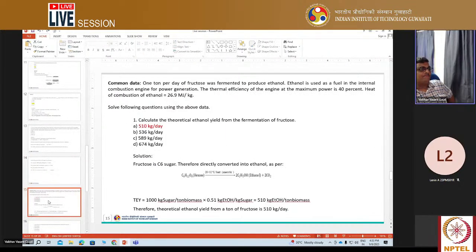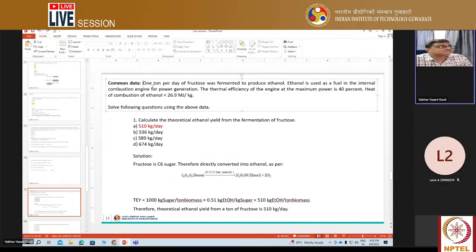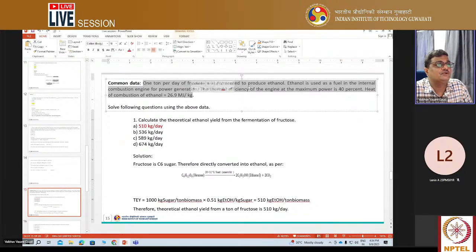Similarly, there was an example which was also on the common data, where the common data was also given in the assignment to calculate basically the theoretical ethanol yield from the fermentation of fructose. So here in this case, 1 ton per day of the fructose was fermented to produce the ethanol, and the ethanol is used as a fuel in the internal combustion engine for power generation.